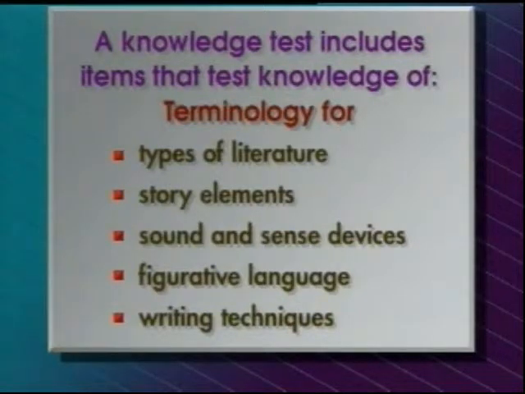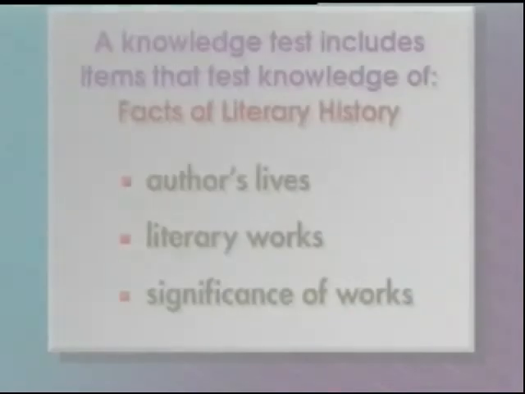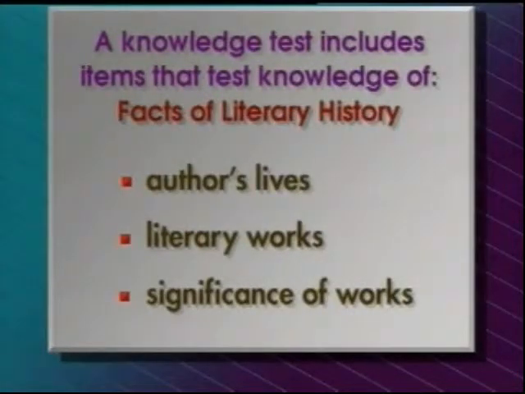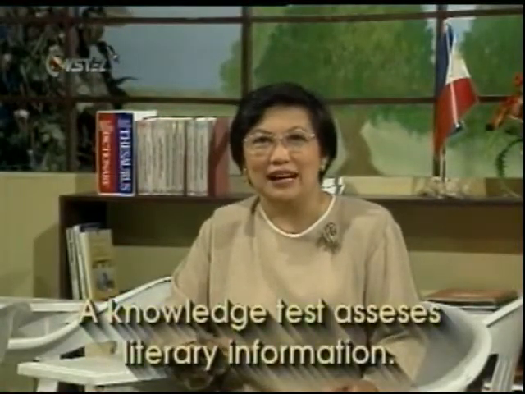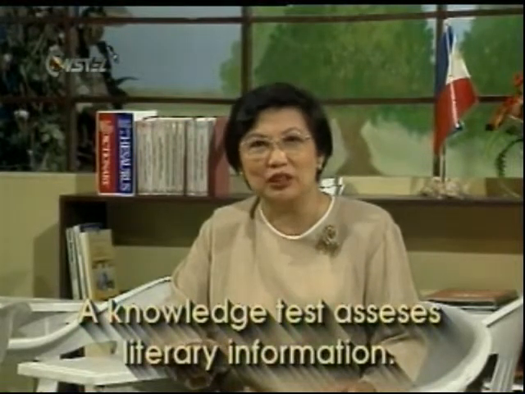For example, terms for the different types of literature, the story elements, sounds and sense devices, figurative language, writing techniques, and the like. The test may also include facts of literary history, data on authors' lives, the existence, chronology, and content of various works, and generally agreed on facts on the significance of these works. In other words, a knowledge test assesses literary information.